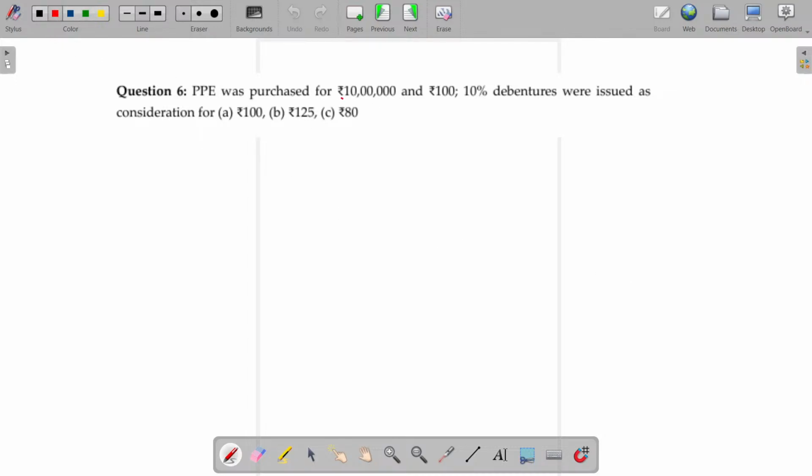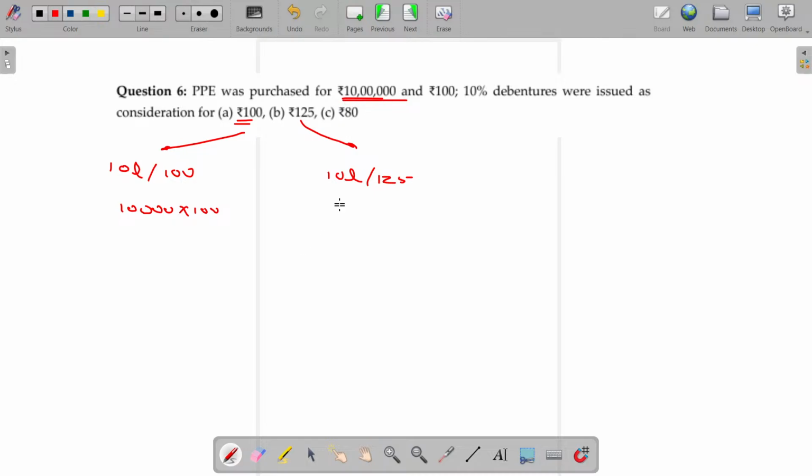So 10 lakhs is the asset value. You issue the debenture for rupees 100. So 10 lakhs divided by 100. How many debentures do you have to issue? 10,000 debentures at rupees 100. This is scenario 1. Scenario B, 10 lakhs, but your debenture is worth rupees 125. A 100 rupees debenture issued for 125 means premium.